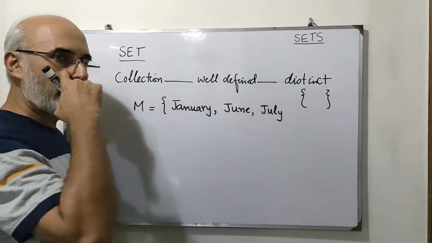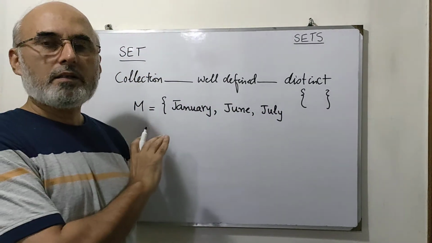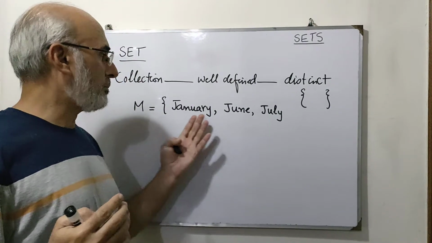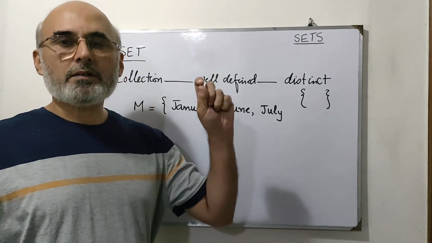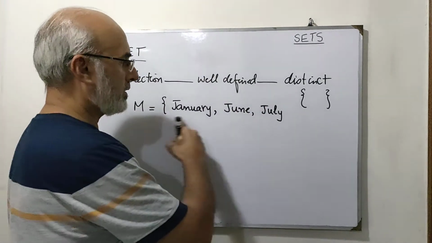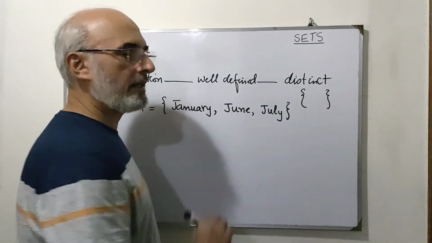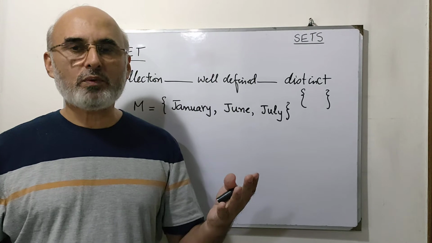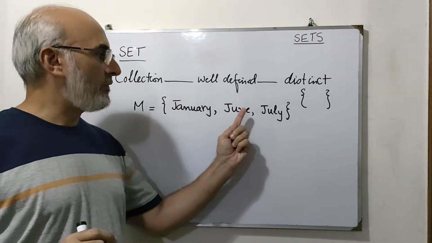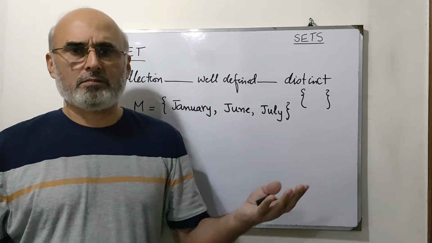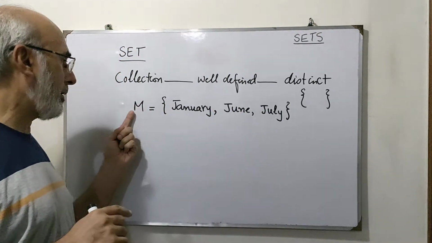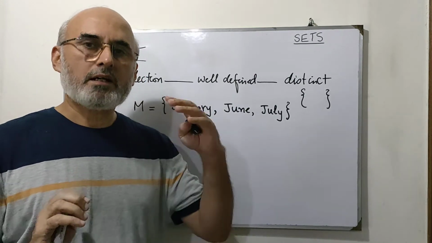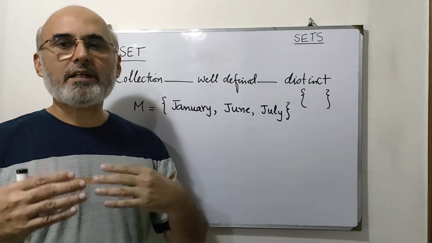Okay, this completes the elements of the set. I cannot have any more months because none of the other months start with J. So this is complete, so an ending curly brace. So it's a set of month names starting with J, and each and every name in this set is an element of this set M.